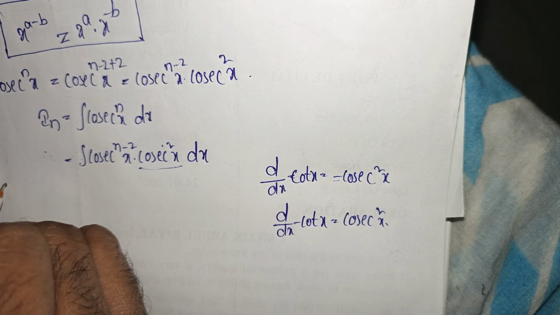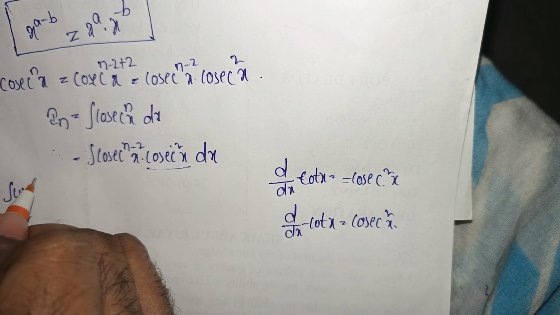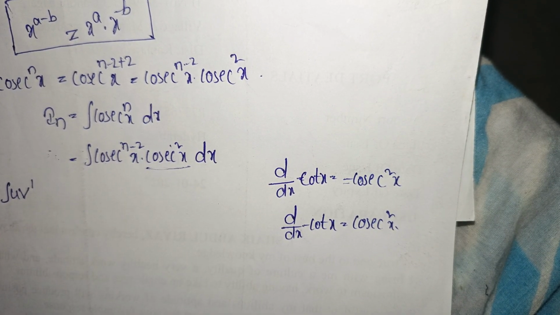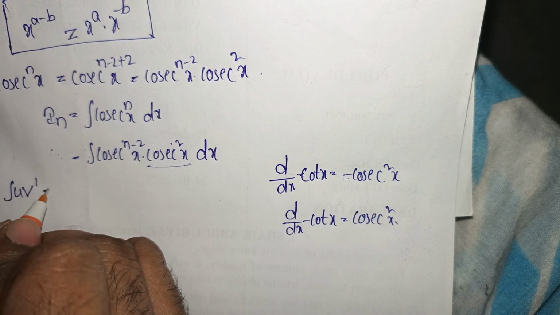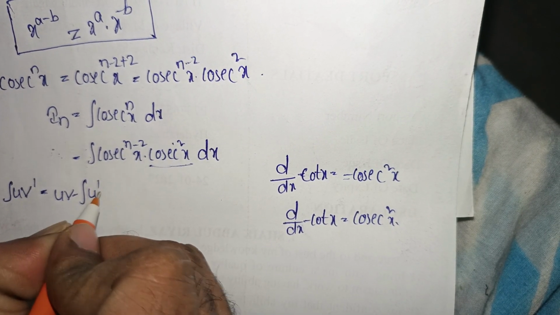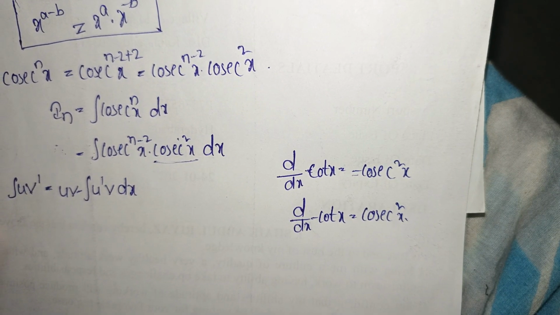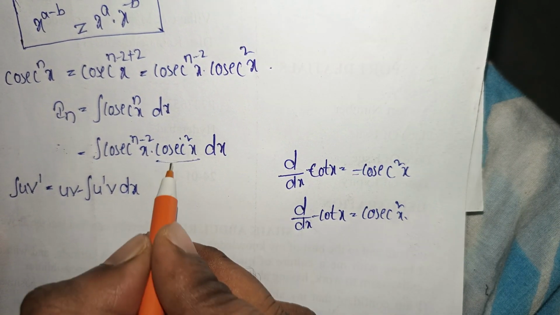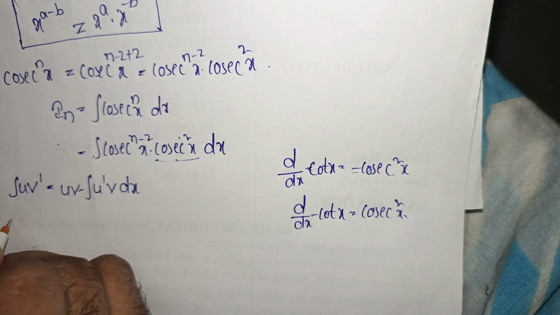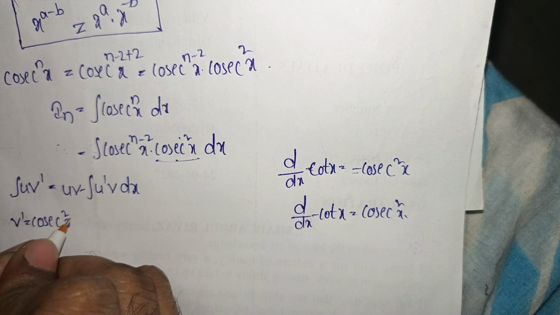v dash. So what is the formula? The formula is uv minus integration of u dash v dx, right? Now first thing we came to know is that this is v dash. V dash equals cosecant square x.